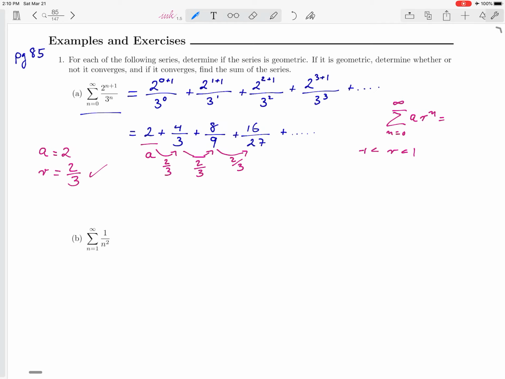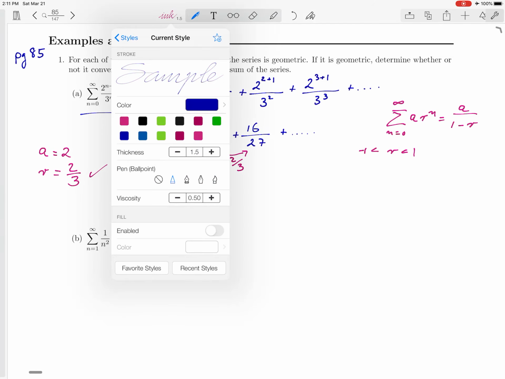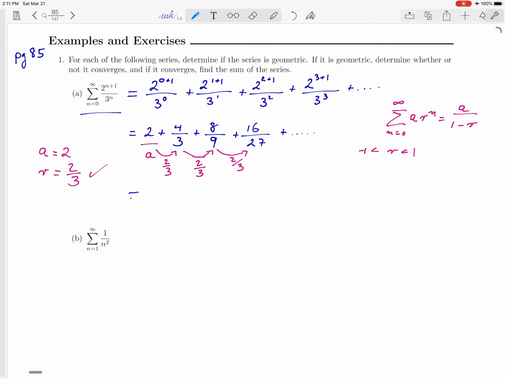And we can go up to our box again and remember that the value of the geometric series in this case is a over 1 minus r. So we have this formula to tell us what the value is. And so now we can come up with our final answer and get a, which is 2, divided by 1 minus r, which is 2/3.